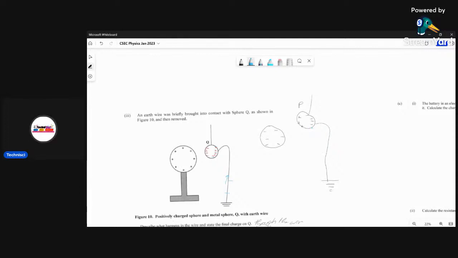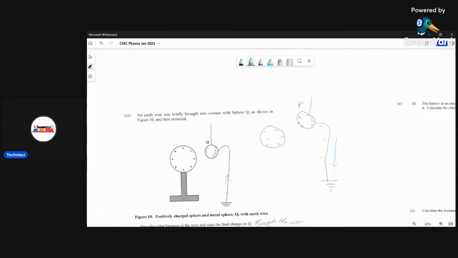Now, when you connect the earth wire to it, because this side has excess electrons, these excess electrons will flow down to Earth. Remember I said the Earth is like a sea of electrons. It collects electrons where there is an excess or gives electrons where there is a deficiency.